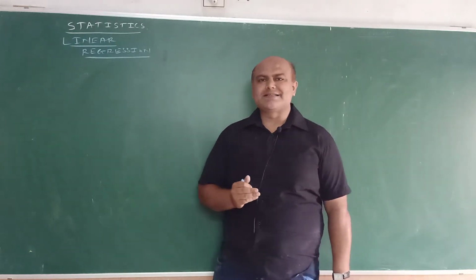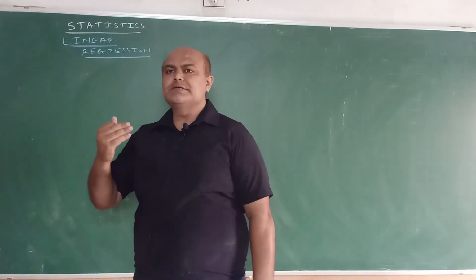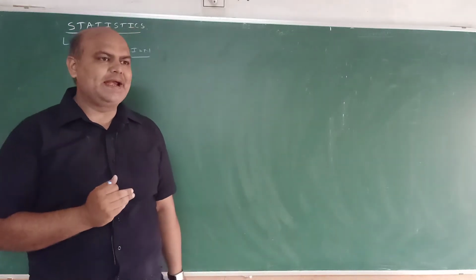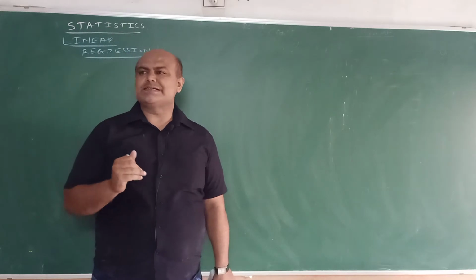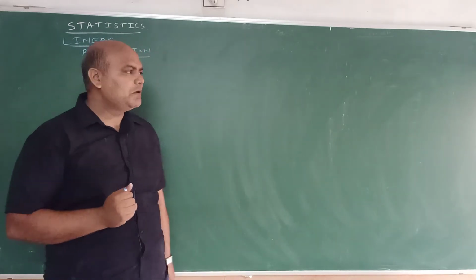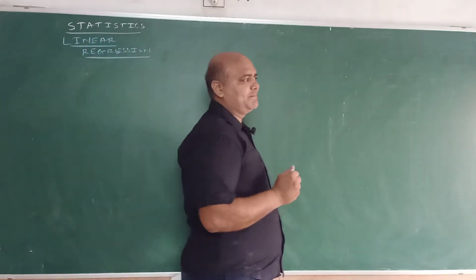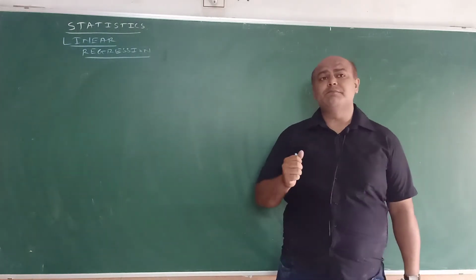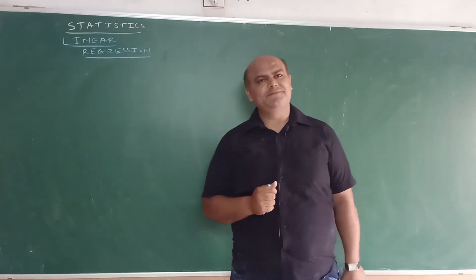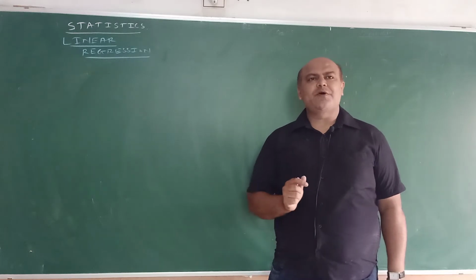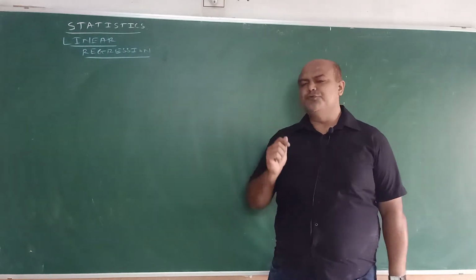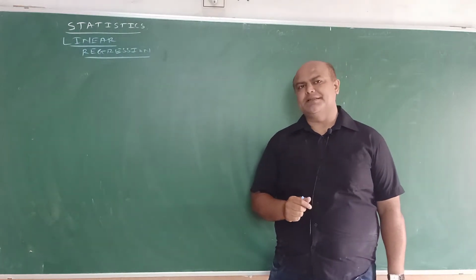Then we do the forecasting, and in some of the sums we also find the error y minus y cap. So, 5 different steps. Then we take the sums of the xy method. After the xy method we take the sums of the uv method, that is the shortcut method.